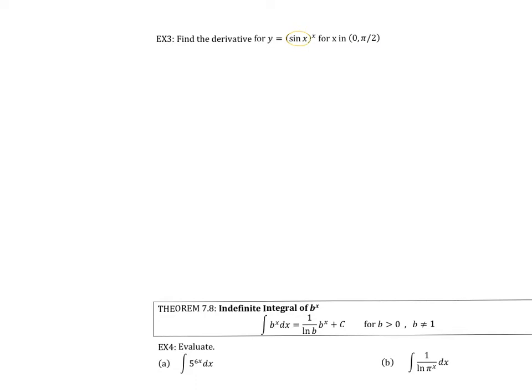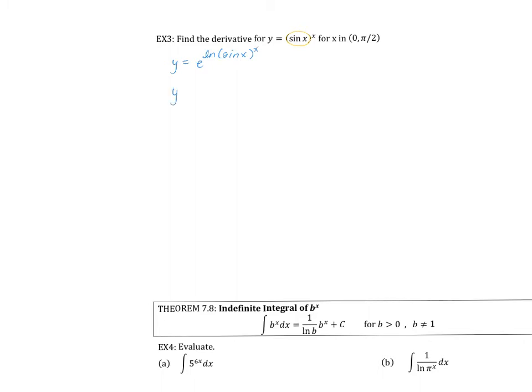It's sine of x. It's not some number to the power of x. So we have to be careful. One thing we could do is logarithmic differentiation, but I think I'm going to try something a little different. I'm going to rewrite sine of x to the power of x as e to the natural log of sine of x to the power of x.